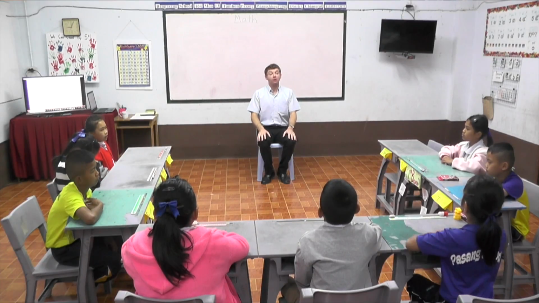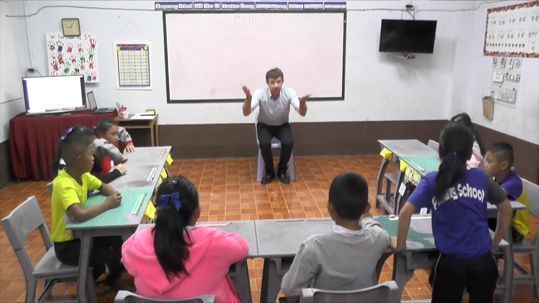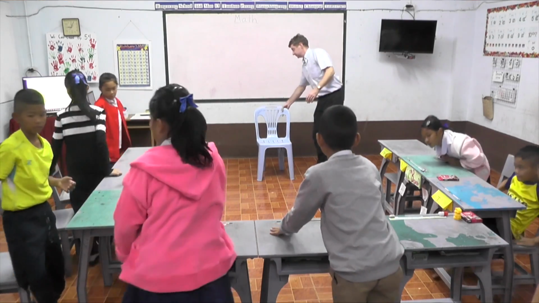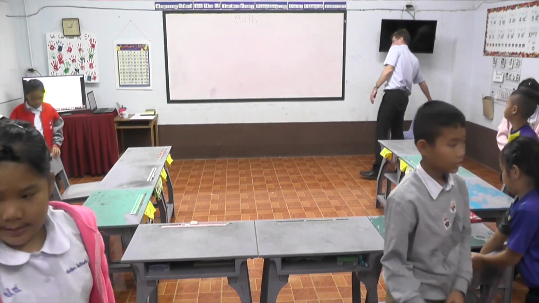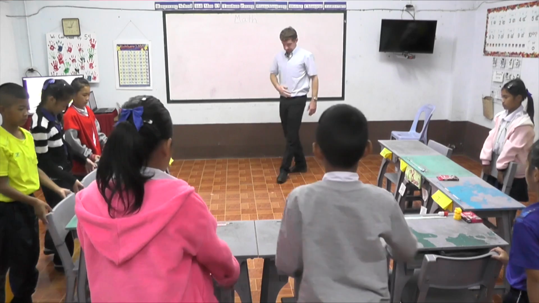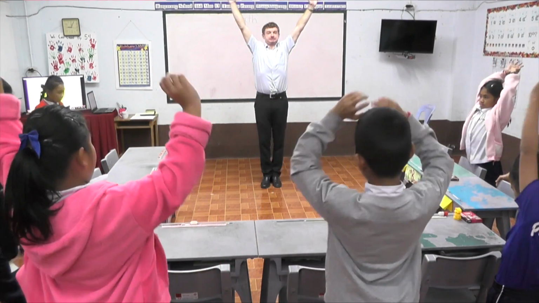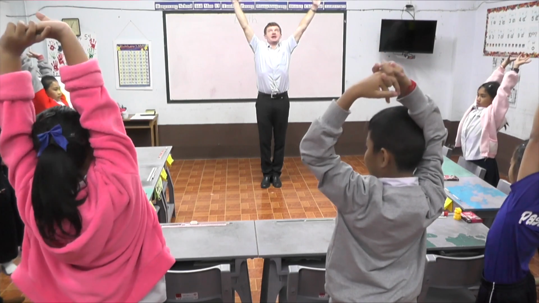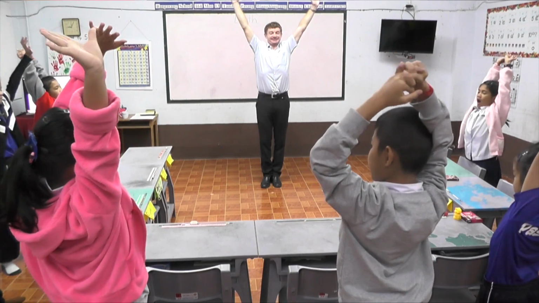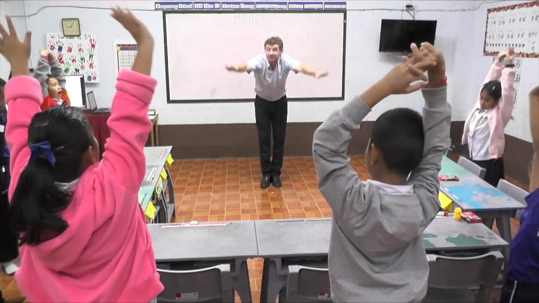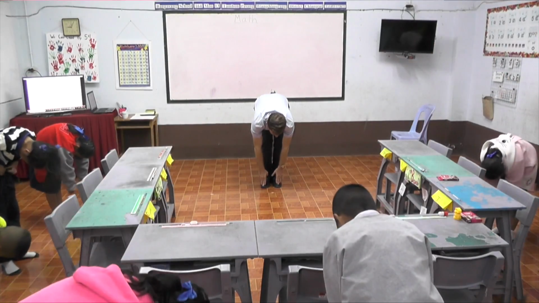And next we'll do our stretching sequence. So let's stand up and push in our chairs. Let's begin by stretching high to the sky. And then let's stretch down low. Touch our toes.